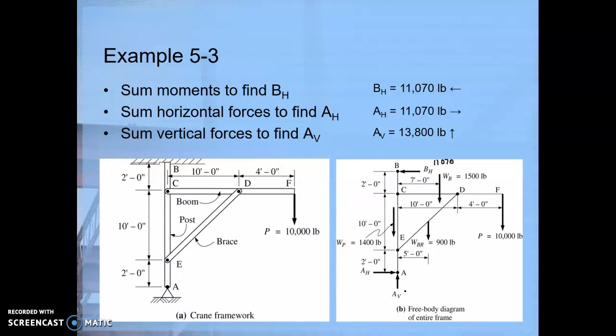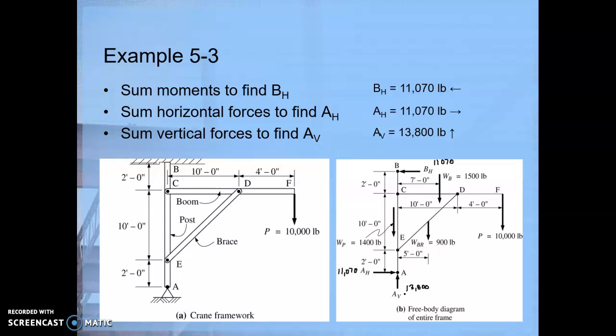And so the horizontal reaction at A has to cancel out with that horizontal reaction at B, so that's also 1170. And then we summed all the vertical forces acting down on this truss, and those are all reacted by the vertical force at support A, which was 13,800.